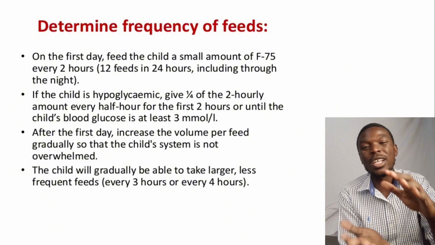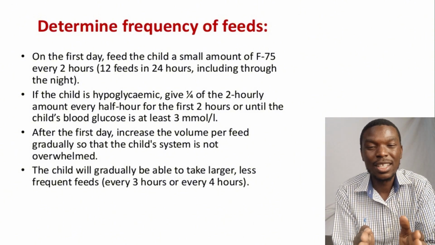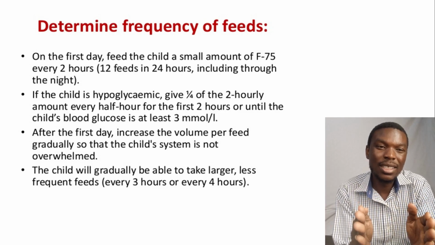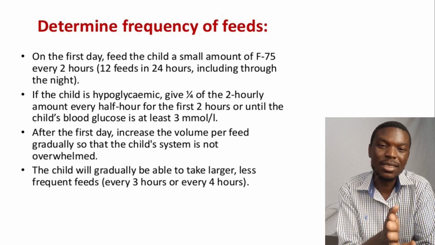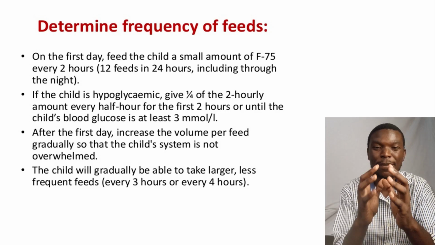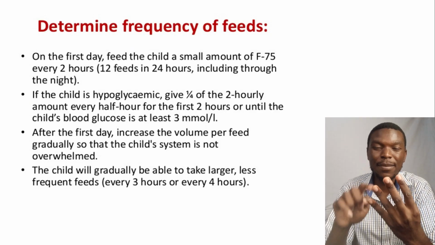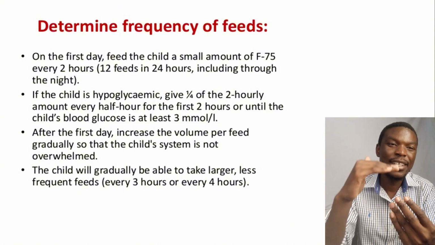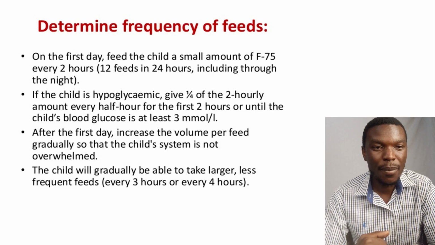You get that feed that you're supposed to give in 2 hours, divide it into 4 parts, then give every 30 minutes, until the sugar is at least 3 millimoles per liter.